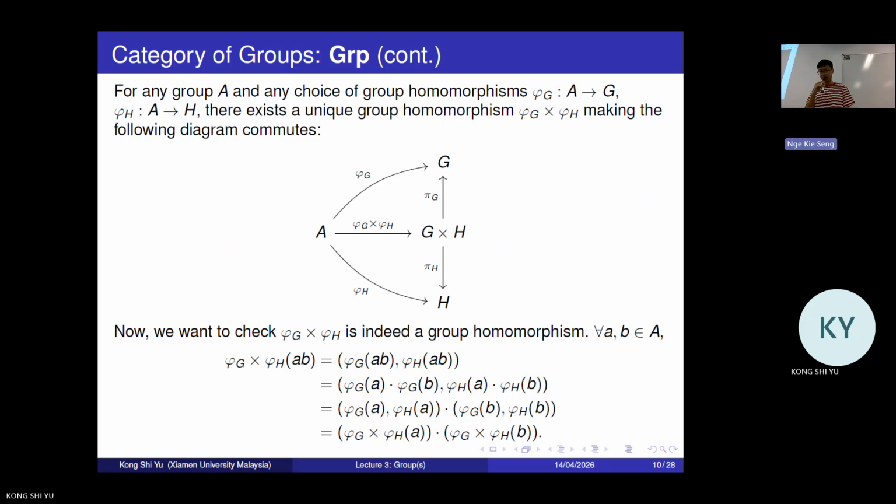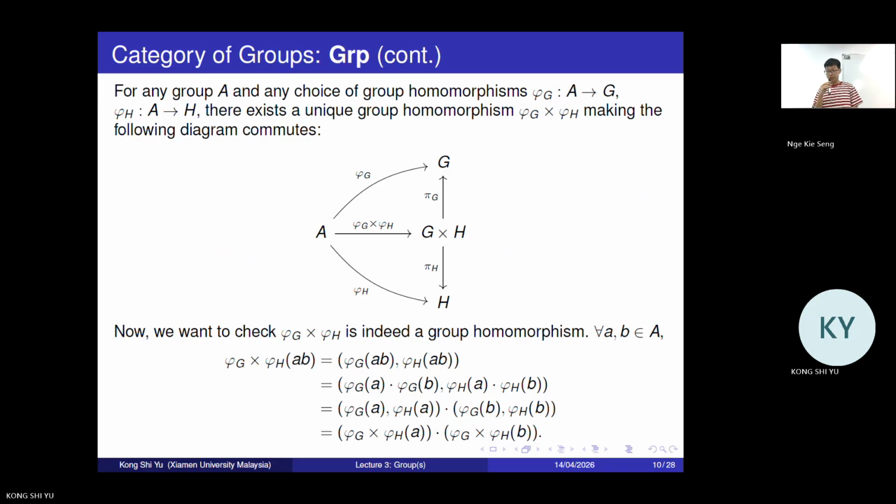Given any A and B, we multiply them together as AB, then substitute into VG cross VH. Just as we defined it component-wise, the first term is VG(AB) and the second term is VH(AB). Using the property that VG and VH are both homomorphisms, we can break this into VG(A) times VG(B) and VH(A) times VH(B).